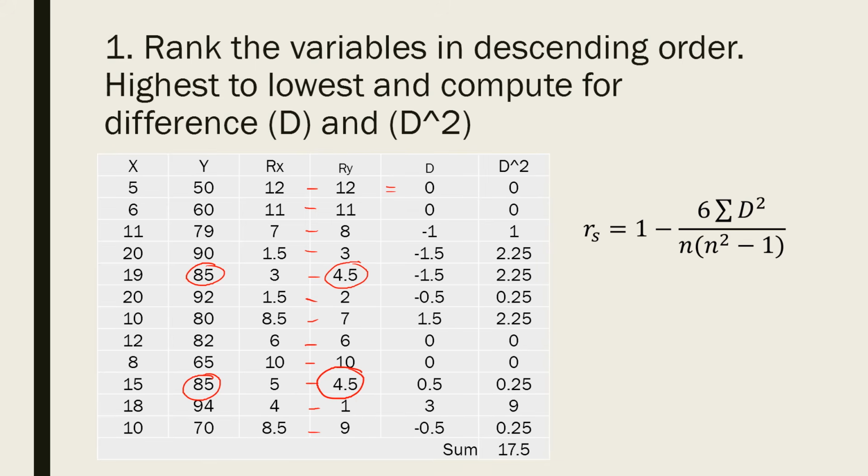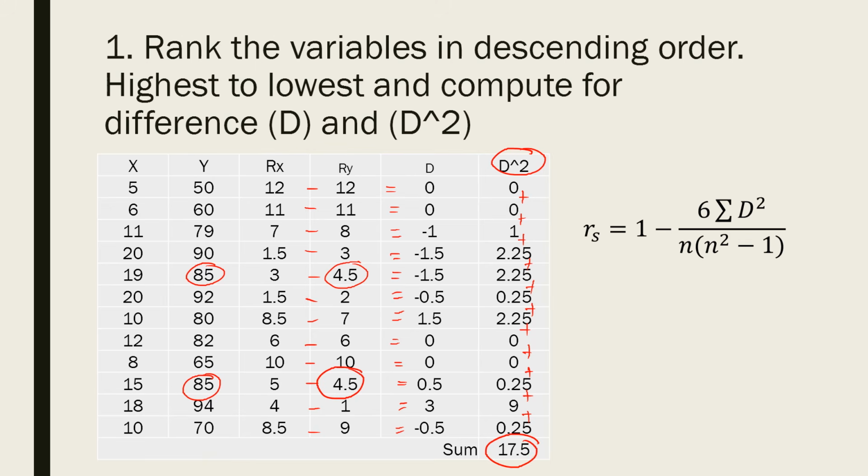You're going to get your difference. You're going to square that difference, and you're going to add those difference squared. Okay? And we're going to get a sum of 17.5.